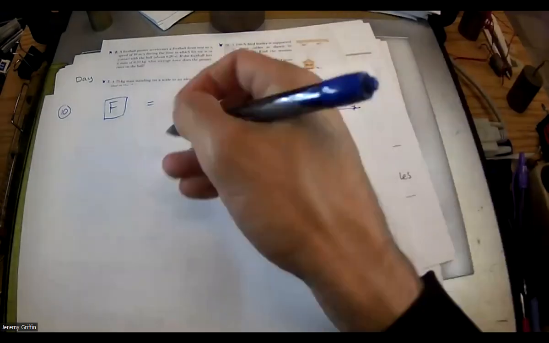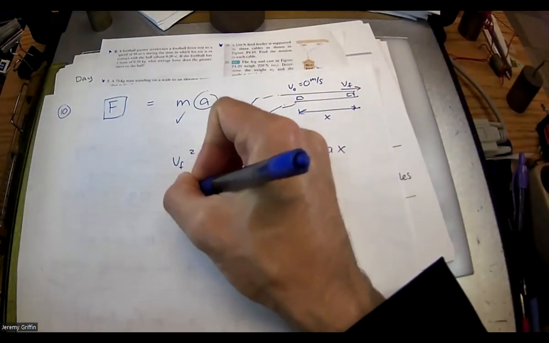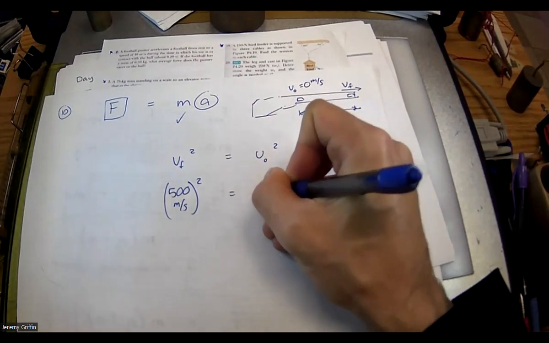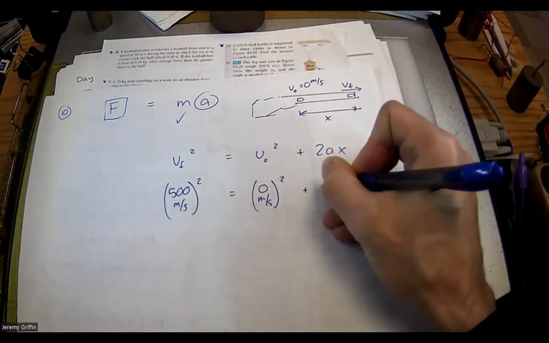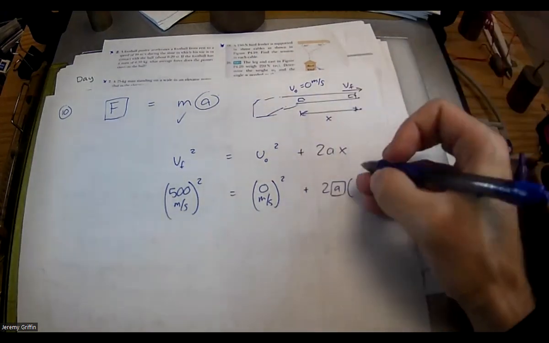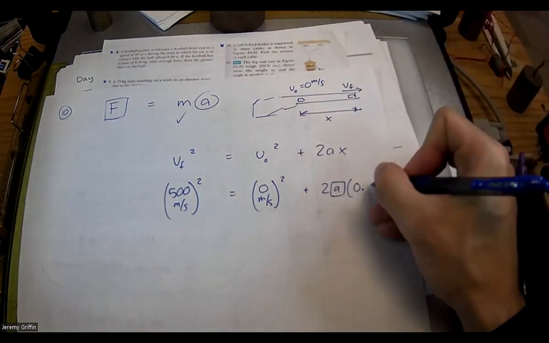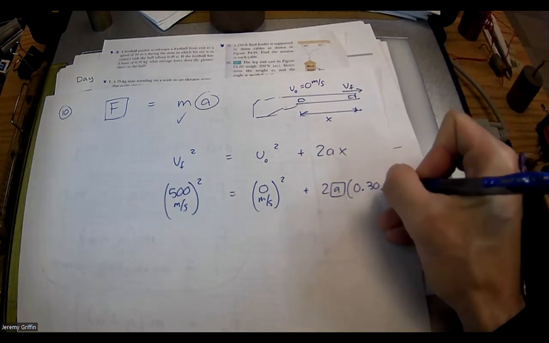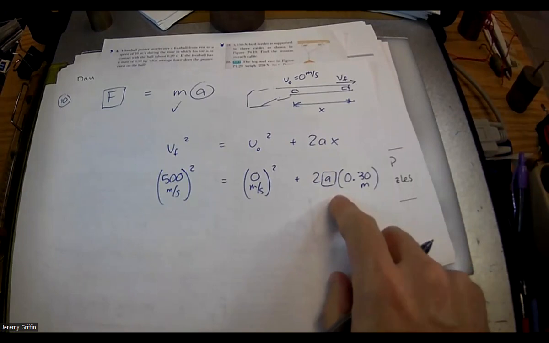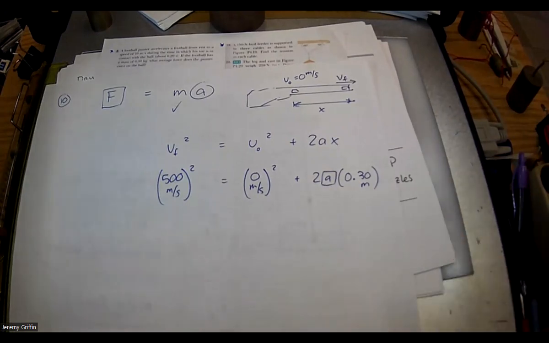Right, so I'm gonna make up my own numbers. Let's say it gets up to like 500 meters per second. Don't forget to square that. Coming from 0. Trying to figure out what's the acceleration. And I'm gonna think my rifle is like, let's say, this many meters long. Just come up with a number. Okay. Can you guys do a little algebra and solve for the acceleration of the bullet? Okay.